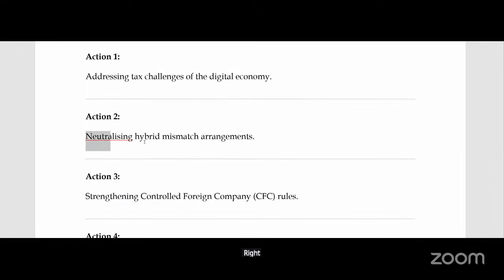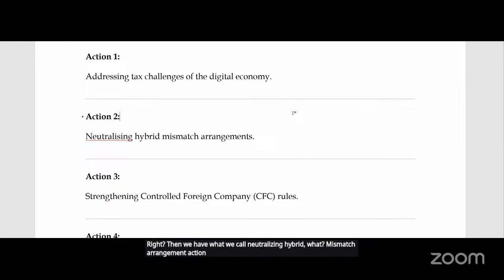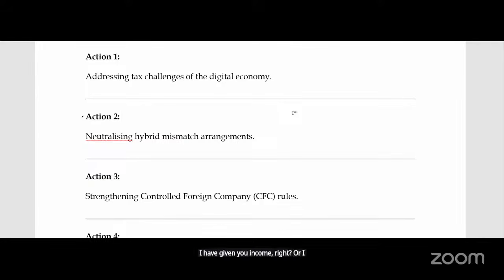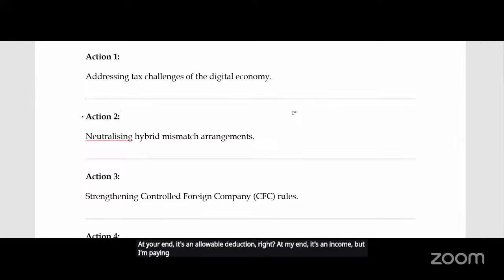Then we have neutralizing hybrid mismatch arrangements, action two. Now, let me explain hybrid mismatch arrangement. This is usually a double benefit arrangement. Look, I have given you a loan. That loan at your end is an allowable deduction. At my end it is income, but I'm paying a lower tax. So what happens is that I end up saving twice.